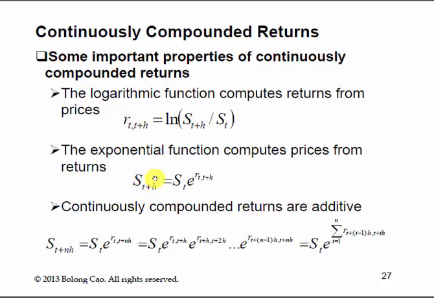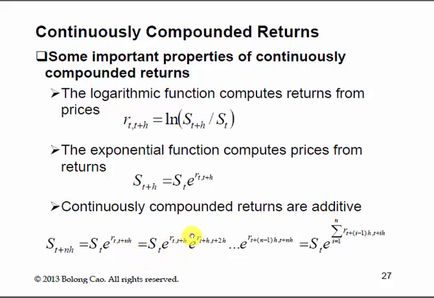And then the new underlying price at t plus h can be expressed as the spot price at time t compounded at this continuously compounded return. If we have more periods, you have n periods with length h, right?